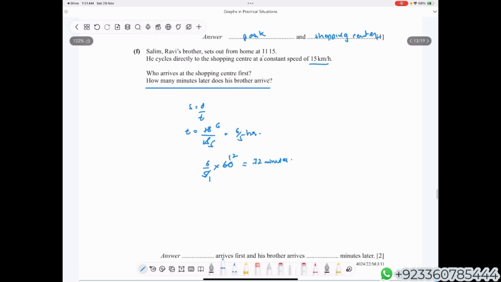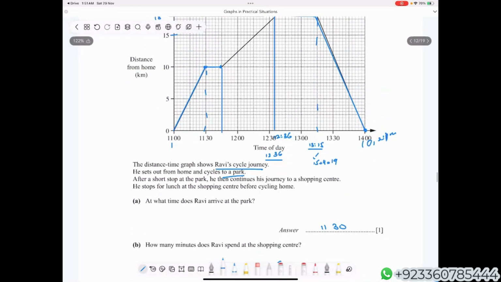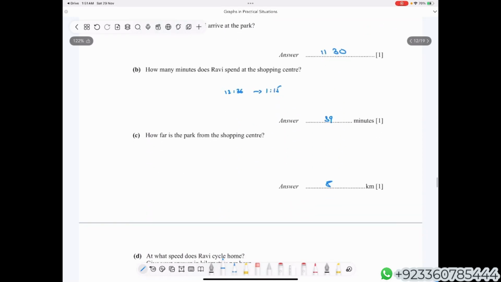Now he sets out from home at 11:15. 72 minutes is basically 1 hour and 12 minutes. So 11:15 to 12:15 is 1 hour, and then 12 minutes more makes it 12:27. So Salim reaches at 12:27 and Ravi reaches at 12:36.